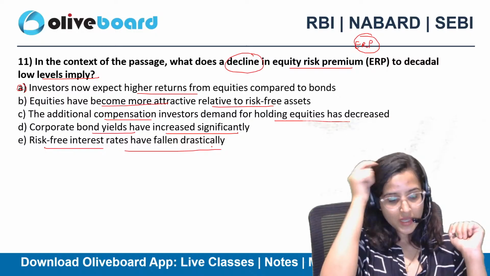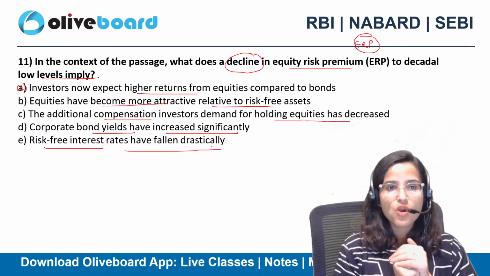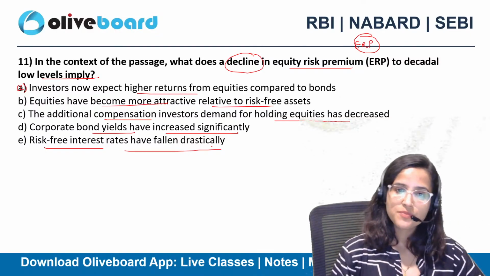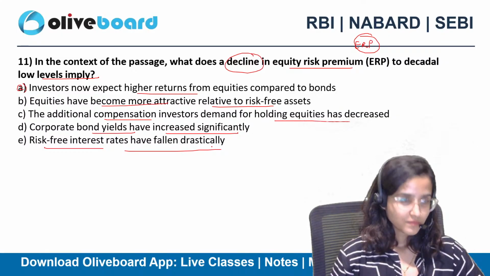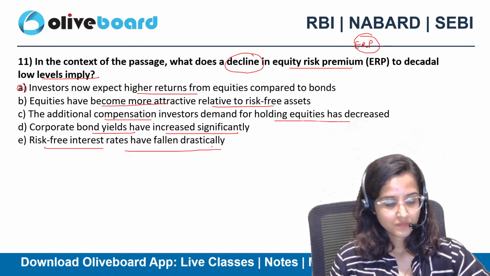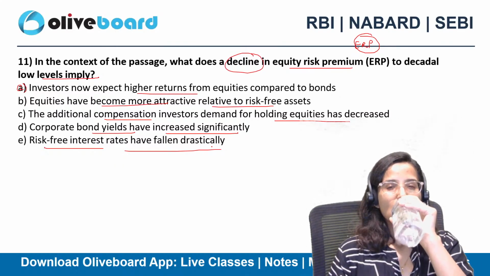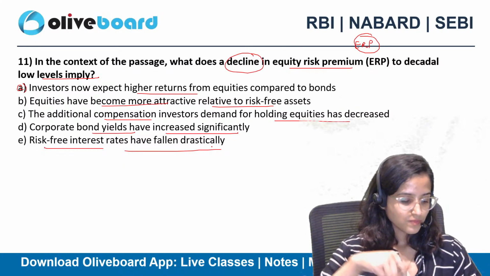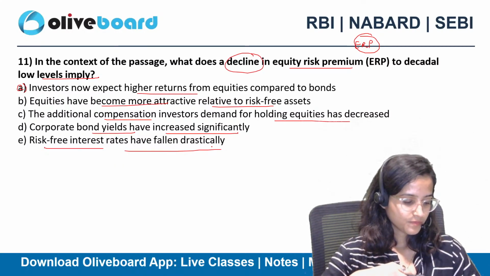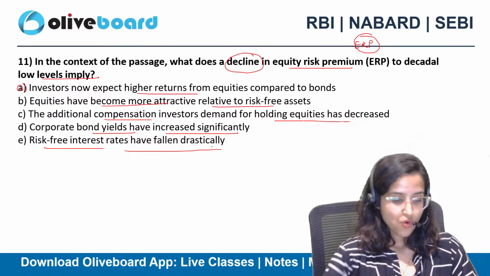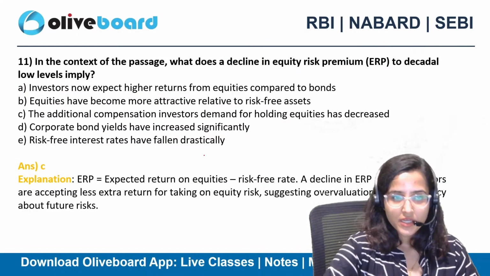What is the answer to the 11th question? What do you think? What does a decline in the equity risk premium mean? Okay, so all of you are saying C, which is absolutely correct.